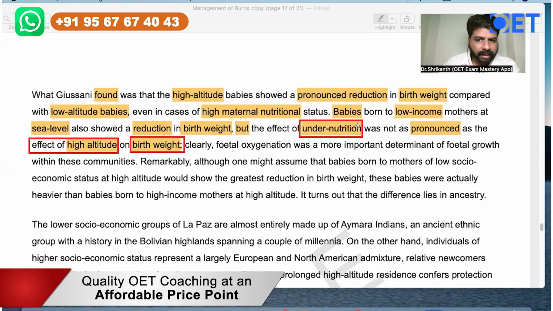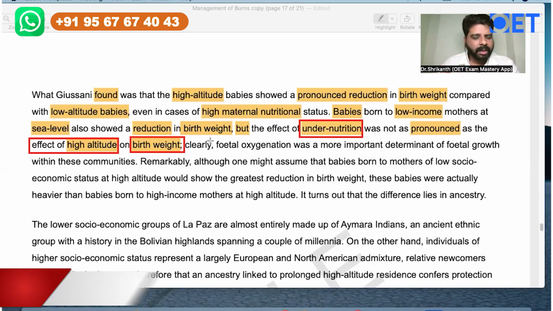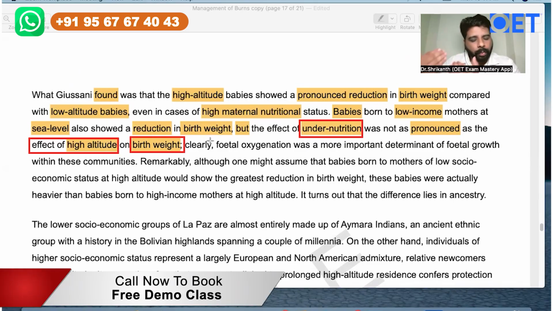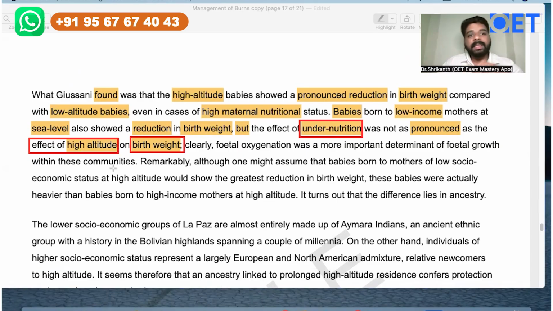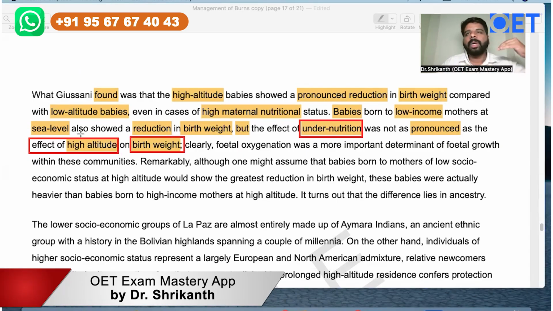Okay, so here he is saying babies born to low income mothers at sea level also showed a reduction in birth weight. Okay, so sea level babies, poor people, the babies weigh less. But there is something even more dangerous than malnourishment. What is that? Staying in high altitude. People who are living in high altitude, okay, the birth weight will be even less.